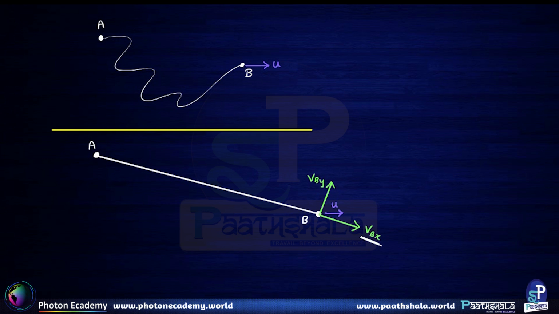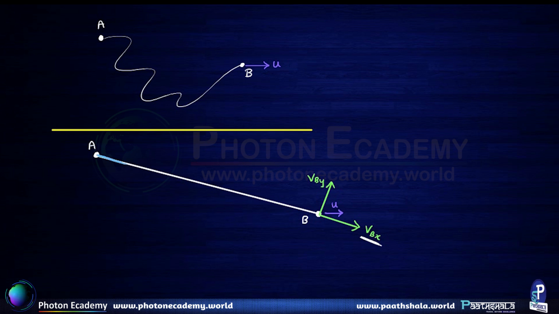Then not only is the momentum conserved along the X direction, but it also implies that the velocity of particle A along the X direction is going to be the same as VBX. So the velocity becomes the same along the string.